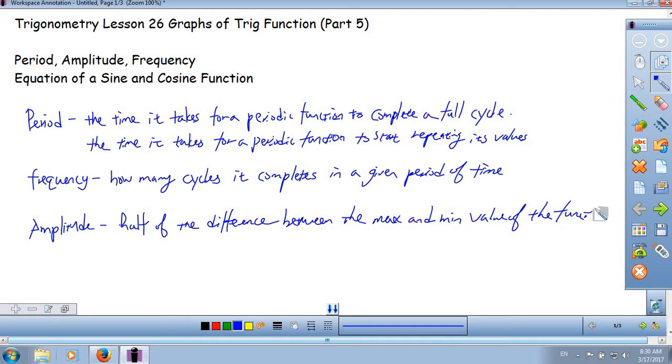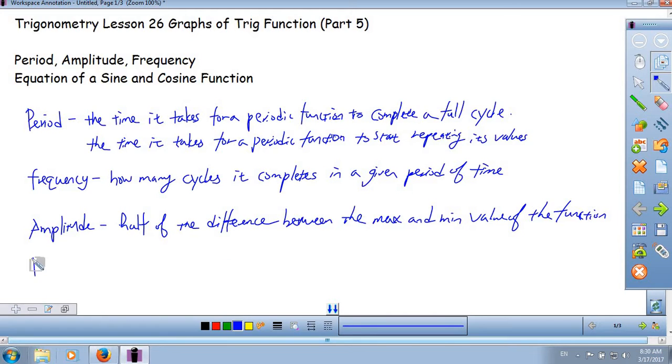So amplitude is half of the distance between the maximum and minimum, or half of their difference. When you have the maximum value of a function and the minimum value of the function, you can subtract them, and then half of their difference is your amplitude. Okay, half of the difference is your amplitude. This is how much distance there is from the middle to this.